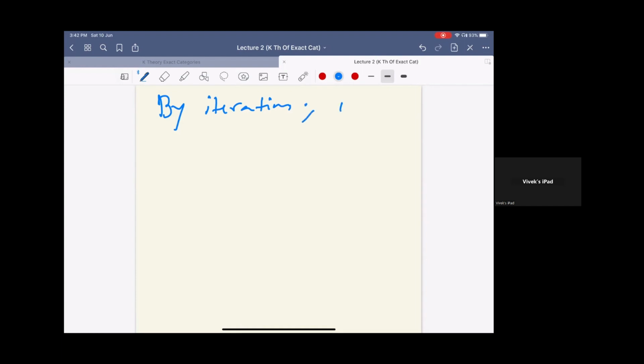Then we have Bn and BQn, right? Okay. So what are the objects in BQn?